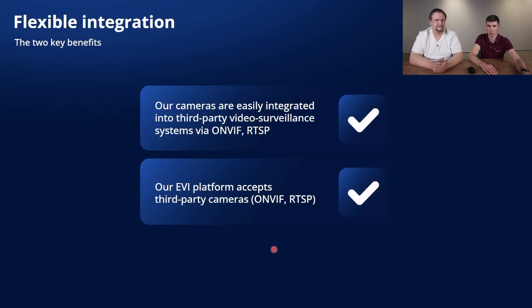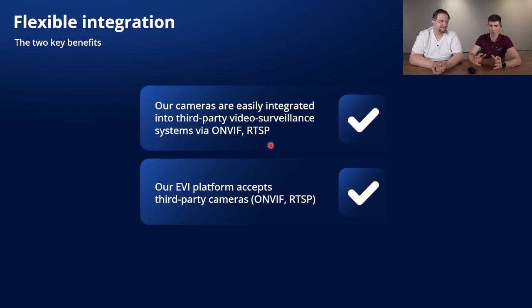One thing that I wanted to mention, and this is actually an answer to a question we get quite often, whether we have compatibility with third-party equipment. I somewhat mentioned that already, but I want to elaborate by saying that our cameras and NVR support the ONVIF standard and RTSP protocol, which is actually the way the EVI platform communicates with the camera.